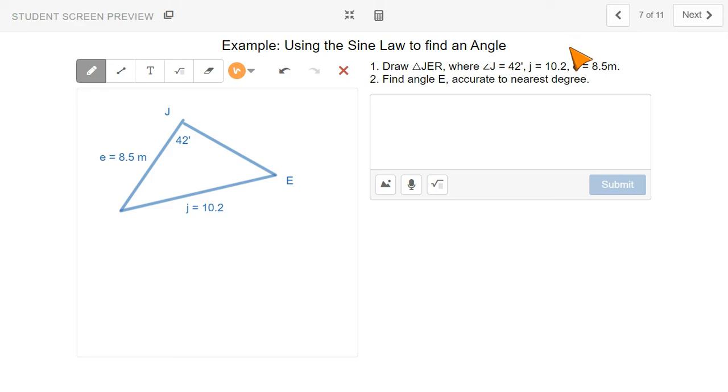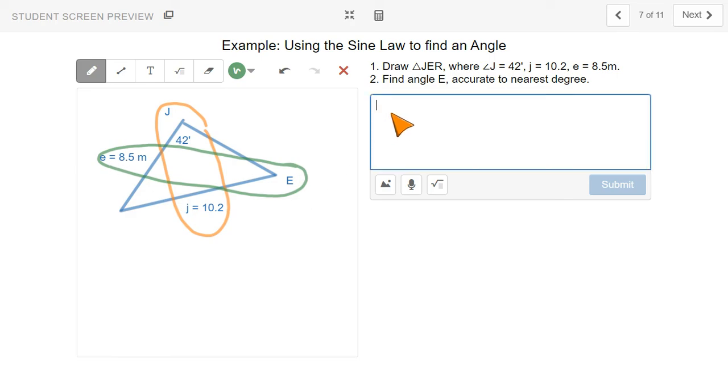Now I have JJ as my complete pair. My second pair I have is EE, and I am given little e, and I need to find big E. So the equation I'm going to use: sine j over j is equal to sine E over E.